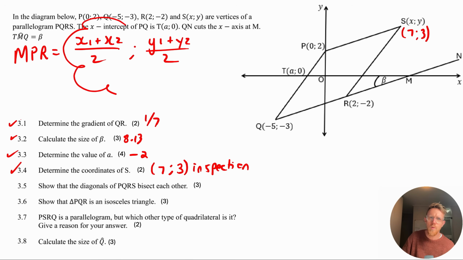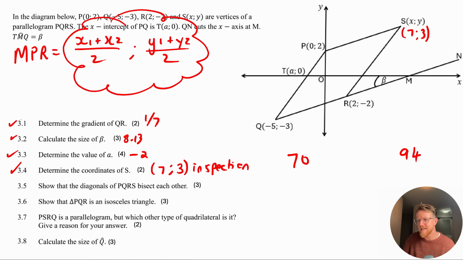Do you know where this actually comes from? Like, what does it actually mean? Let me quickly show you. If I gave you one number as 70 and I gave you another number as 94, and I said, hey, I need you to help me find the number that is in the middle of those two. Well, there's a lot of ways that you could do it, but the easiest way is you just add them together and then you divide by 2. And that would be 82.